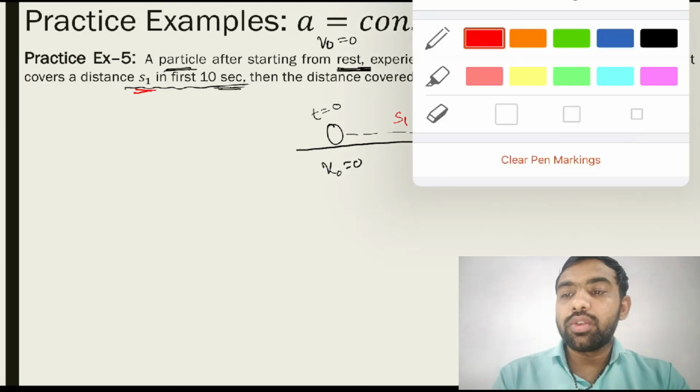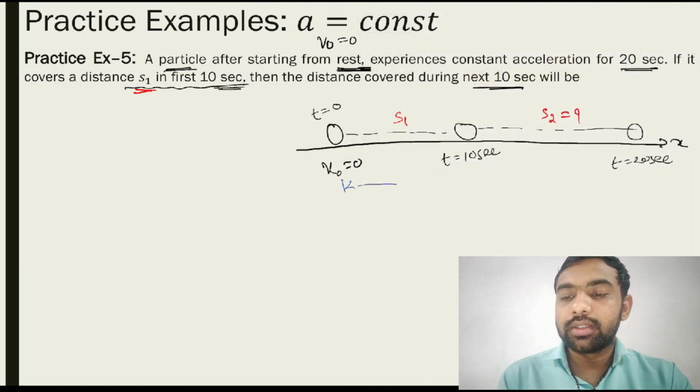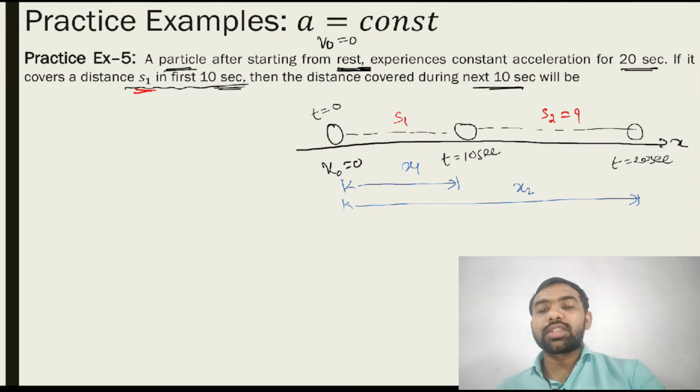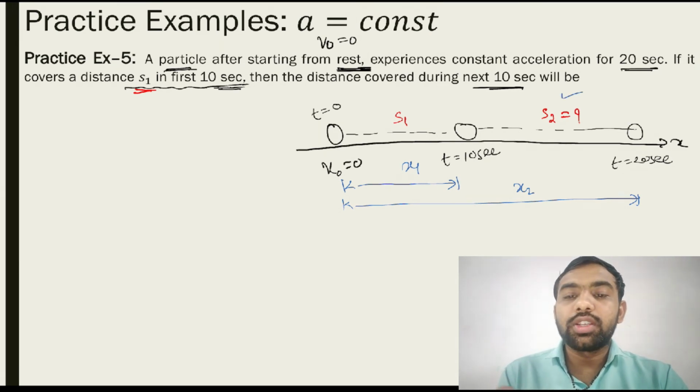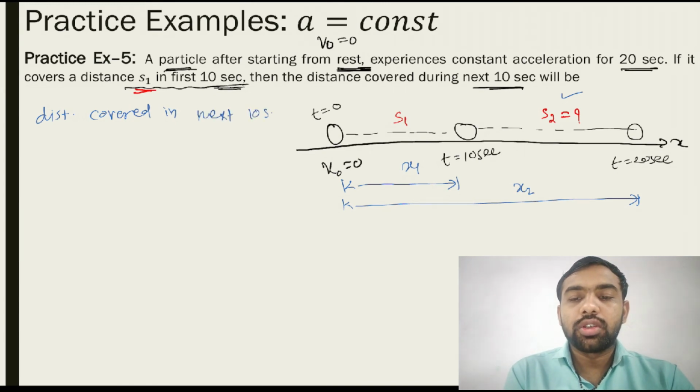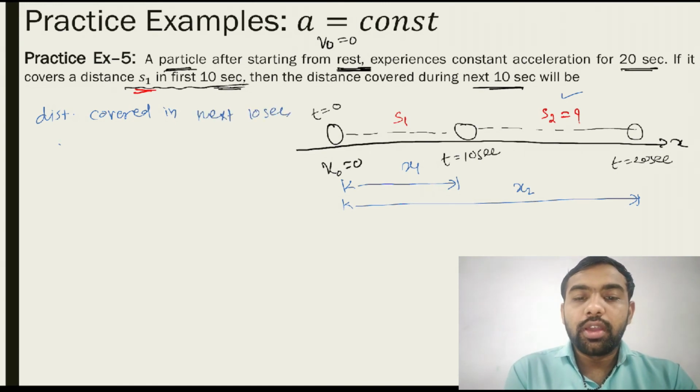So actually we use the situation like this. Let's consider that as x1 and that as X2. So what is S2? X2 minus S1. See, total distance you just put it here. So what is S2? Distance covered in the next 10 seconds.